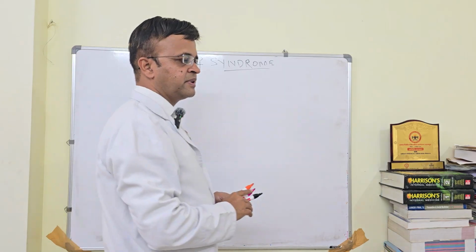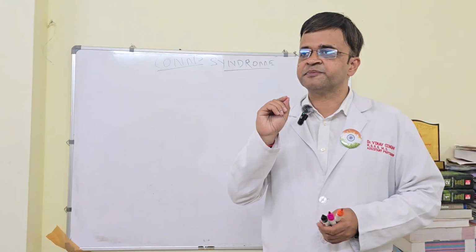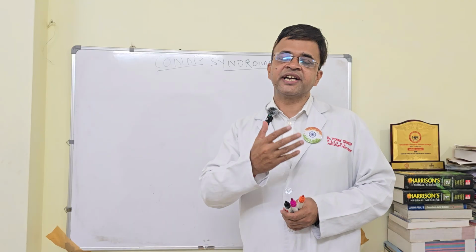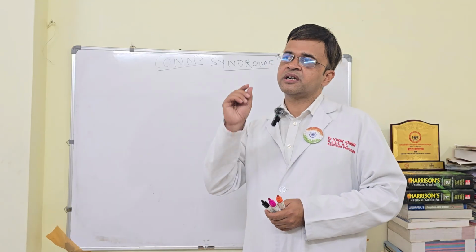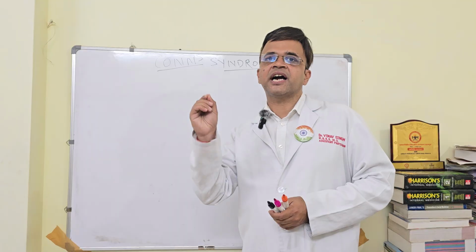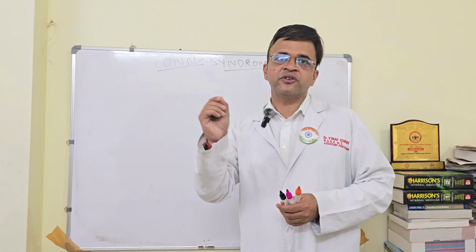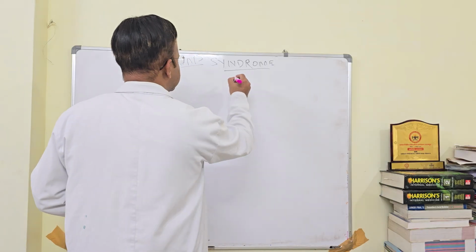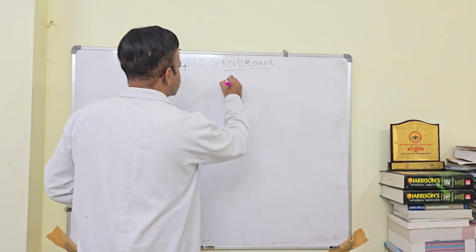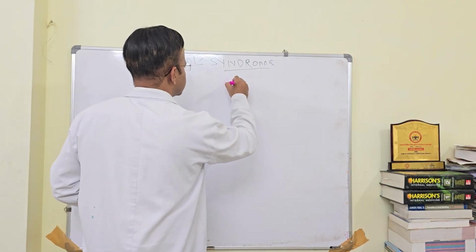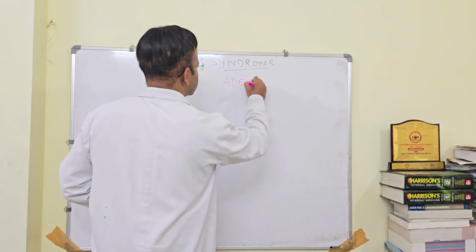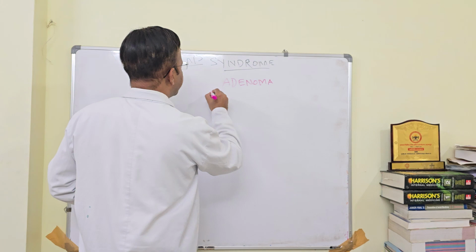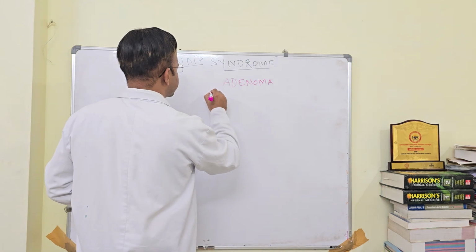Now, Conn's syndrome starts specifically from either an adenoma, which is secreting aldosterone, or adrenal hyperplasia. So, two kinds of conditions can initiate Conn's syndrome: either an adenoma or adrenal hyperplasia.